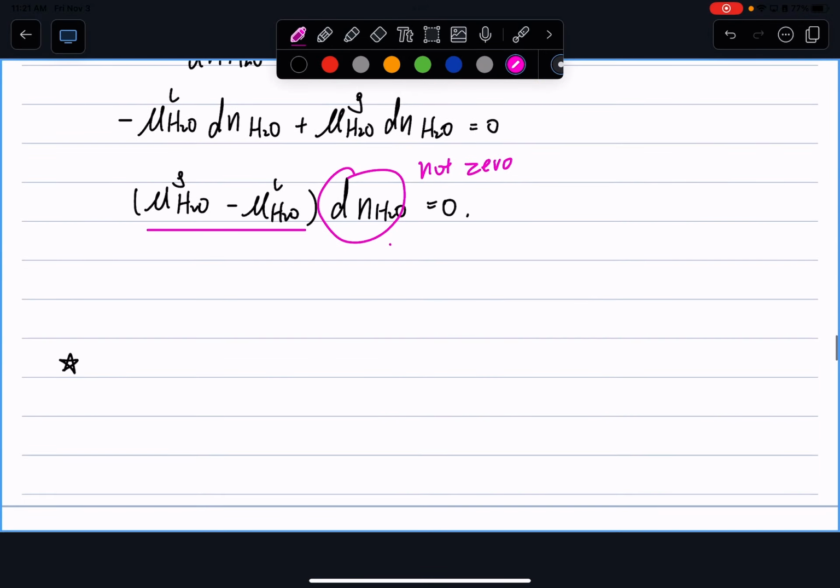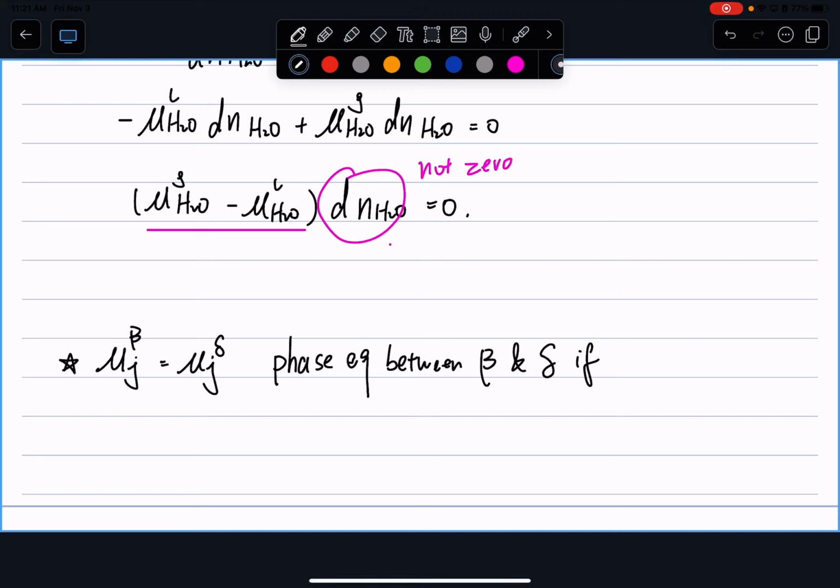Or the other way to put it is we can write mu J in some phase beta equals mu J in some phase delta. So we have phase equilibrium between beta and delta if this term is true.